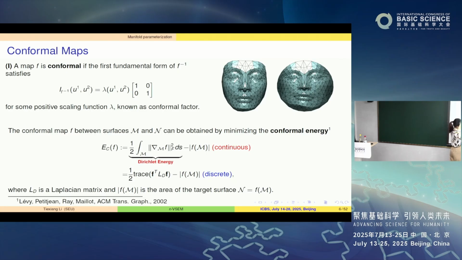Here the conformal energy EC is defined in this way: the first part is the Dirichlet energy, and the second part is the area of the parameterized region. This is a continuous model, and the discrete model is this one: the trace of the matrix minus this area. So we can find the conformal map by minimizing the conformal energy, and if the energy is 0, we know the map is conformal.